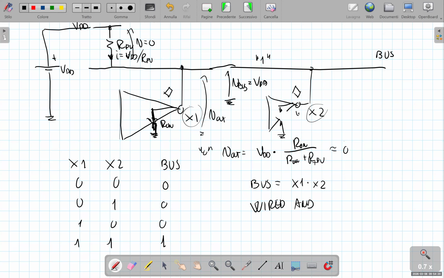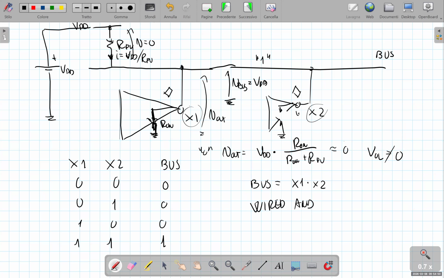But if we choose a small value of RPU that is comparable with R on, this factor can be significantly different from zero, and so the low logic level VOL can be different from zero. Okay, this is a disadvantage. We have a degradation of the low logic level.